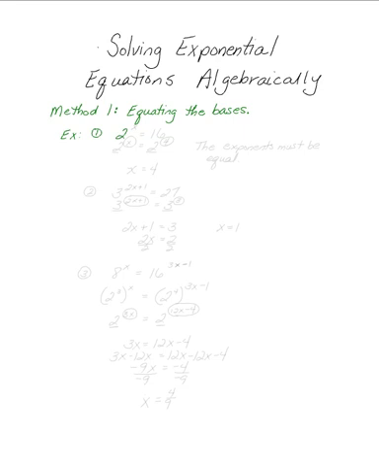if I know that 2 to the x is equal to 16, what I could do is rewrite, because 16 is a power of 2, 16 as 2 to the 4th power, because 2 to the 4th power is 16.